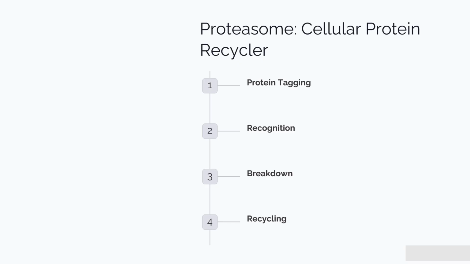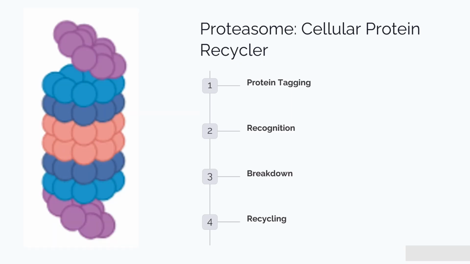Now let's see about proteasomes. This is how a proteasome will look. The main function of the proteasome is, once the protein is tagged, it will result in protein degradation. What tags the protein? Ubiquitination is what will mark the protein for degradation.